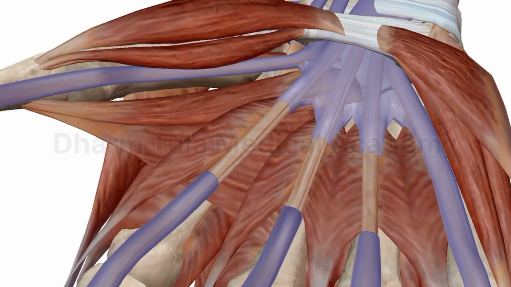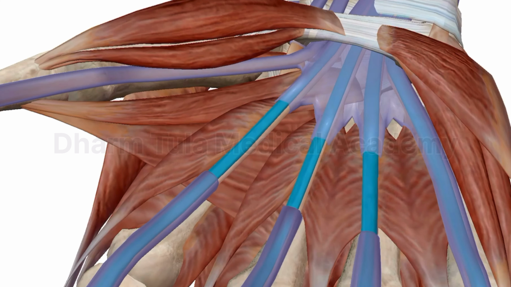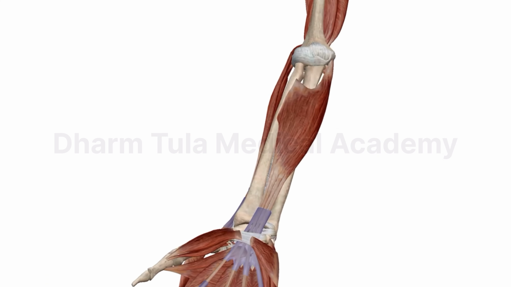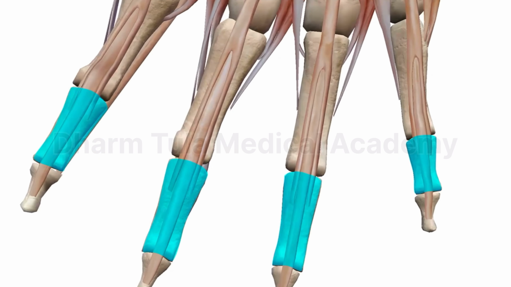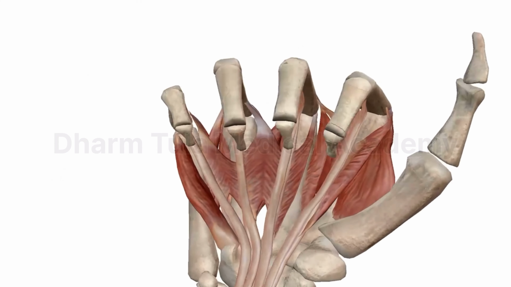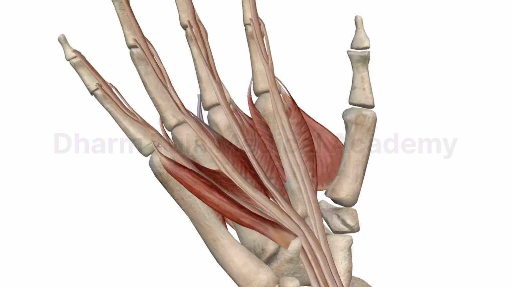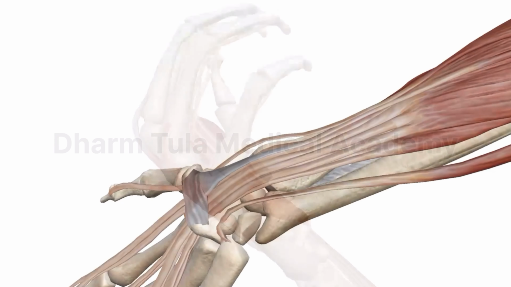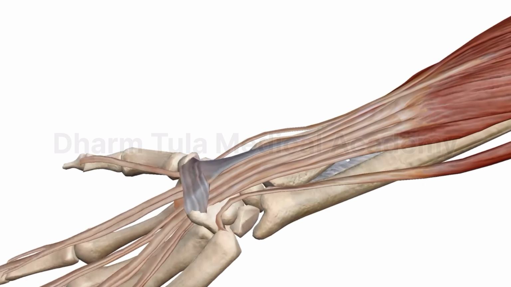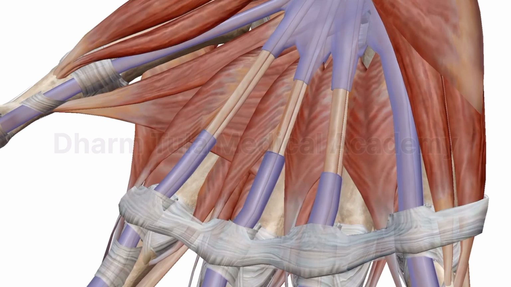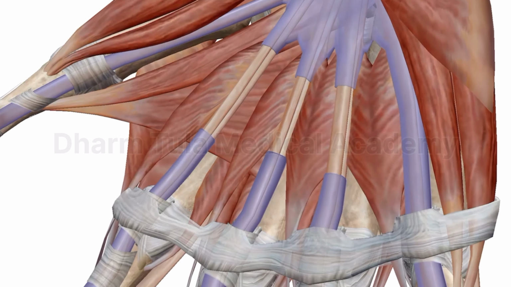Superficial to the profundus is the flexor digitorum superficialis, with attachments to the humerus, ulna, and radius, and running to the middle phalanges of digits 2 through 5. In addition to the expected flexion of the finger joints that they cross, all of these large muscles also contribute to wrist flexion.